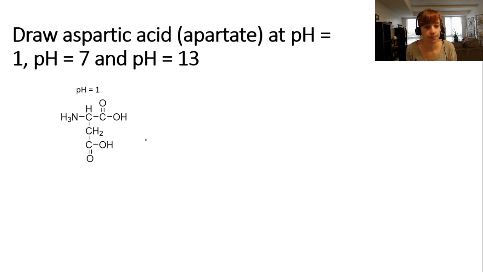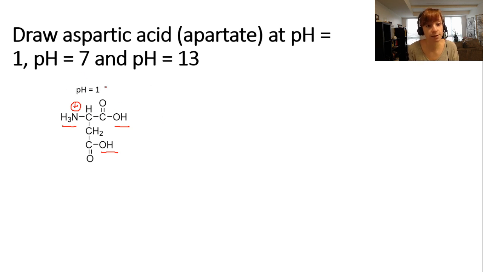So the groups that you need to pay attention to are this OH here, this OH here, and this NH. So at pH 1, it's very acidic, so that means that everything is going to be protonated. This is normally an NH2 at neutral pH, but in acidic pH it is also protonated, so it actually has a positive charge because nitrogen has 4 bonds. So everything is fully protonated, making it not neutral.